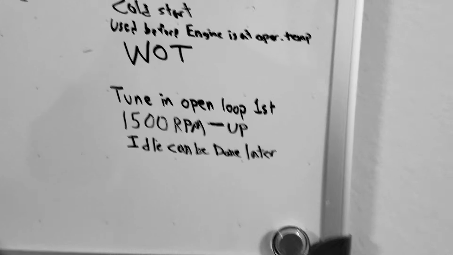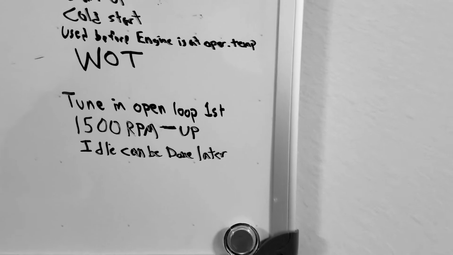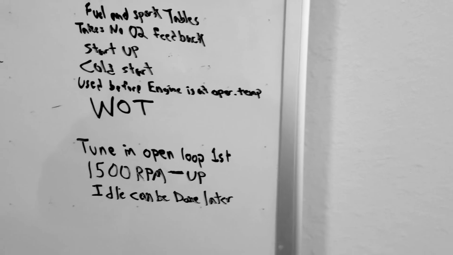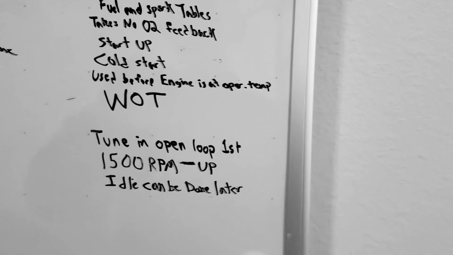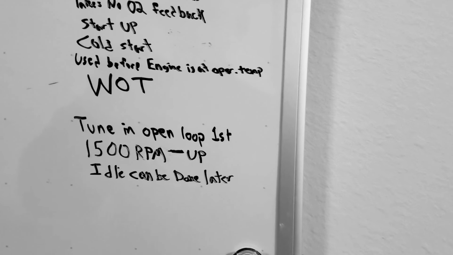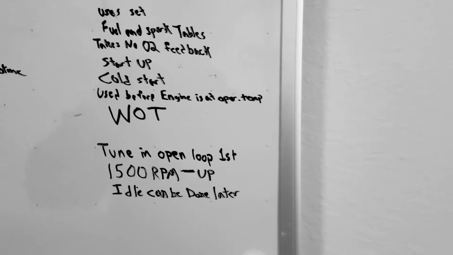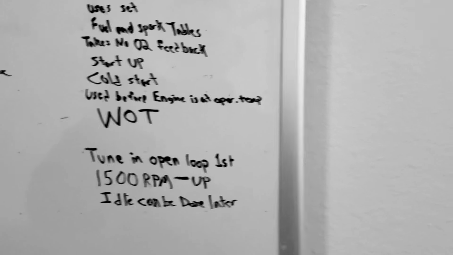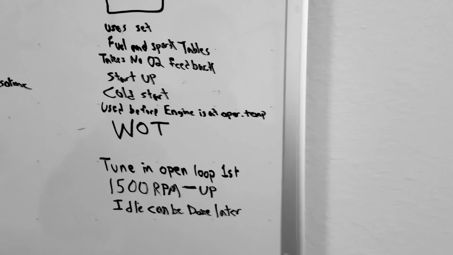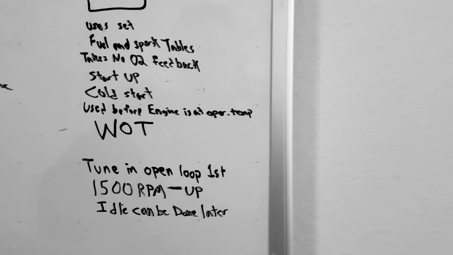This is all usually tuned using wideband O2 sensors, so they can measure air-fuel ratio and set that in your fuel tables. You'll have a bump up every 50 or 100 RPMs, and you'll have different tables where you can set the fuel and spark to tune for max power.